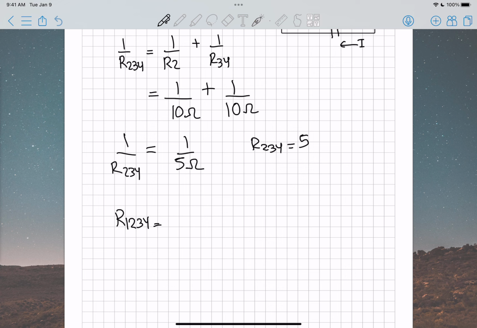Add them up. So that's just R1 plus R234, which is what Alexa was looking at earlier. And that's really good because I think you recognized early on that R3 and R4 were in series and R2 and R34 were in parallel. So you actually solved this conceptually very early on, which is excellent. Bravo.